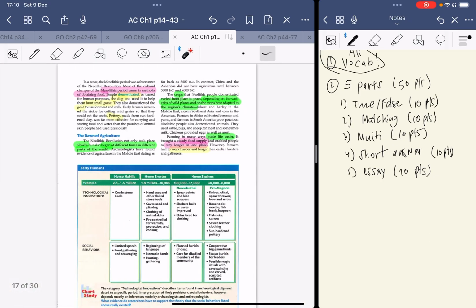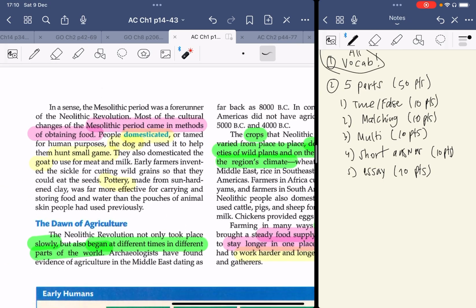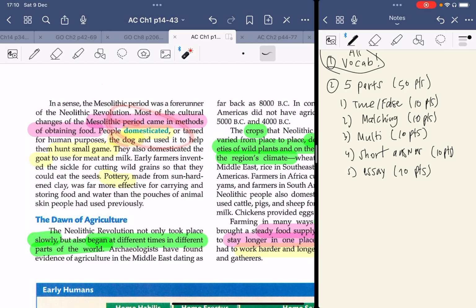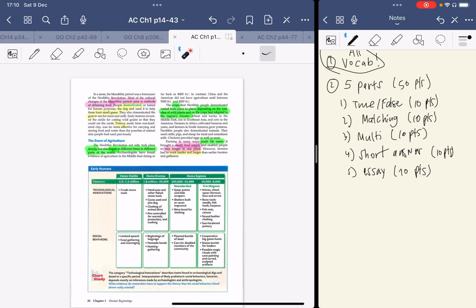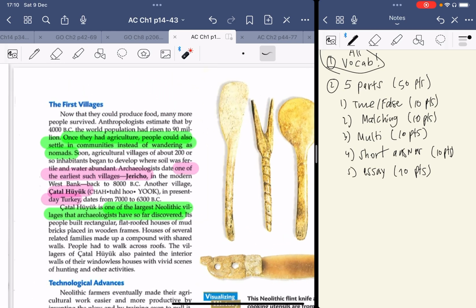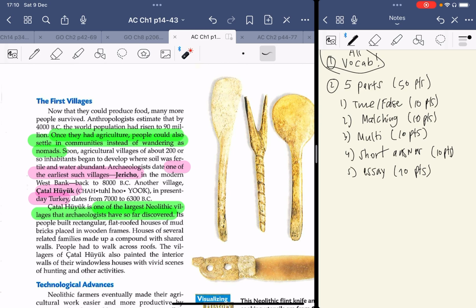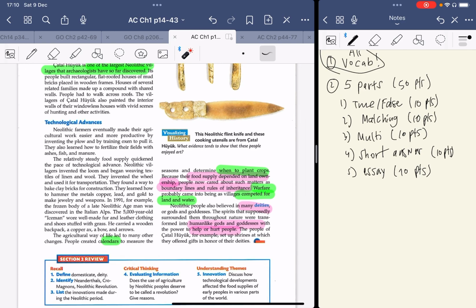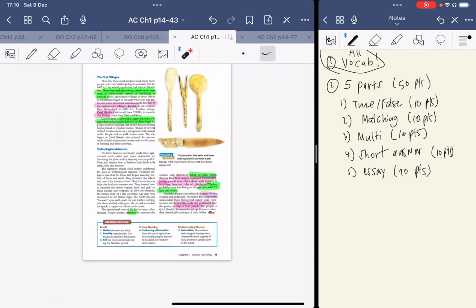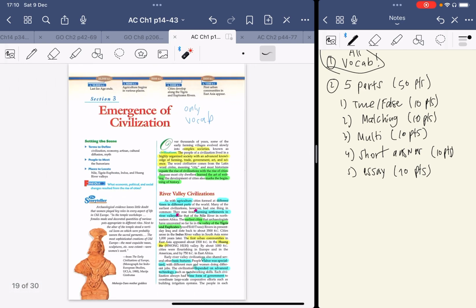Okay, so they have new agricultural methods in this area, and that's why we see this new vocab here. And basically, just look at the main points that I highlighted. Not all of them will be out, by the way. Okay, so focus on the main things. All right, I think that's pretty much it for this part, section right here.